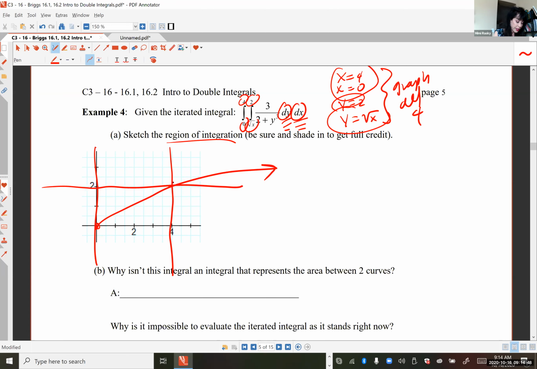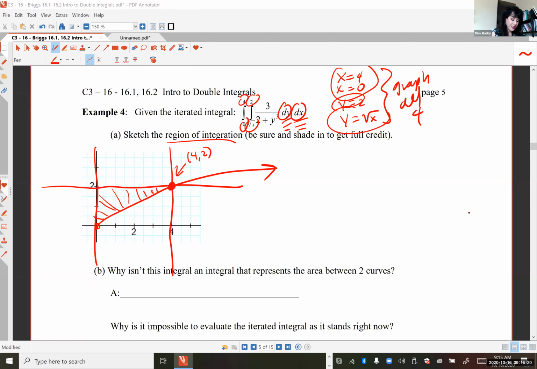You got to be careful drawing it because it actually does intersect at the point (4, 2). Okay, fantastic. What do I shade in? Does anybody have an idea? By the way, if you don't shade in for me, I don't give you full credit. It's like that right triangle whose hypotenuse is curvy. That one. Yeah. There's your vegetable garden right there.